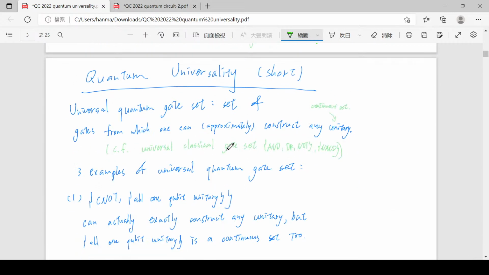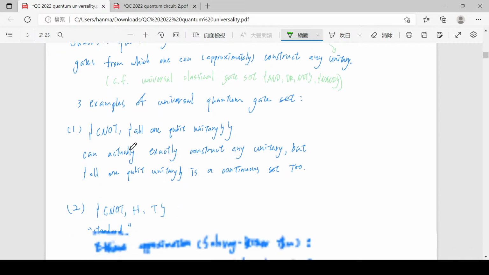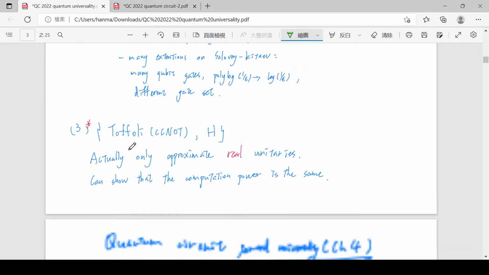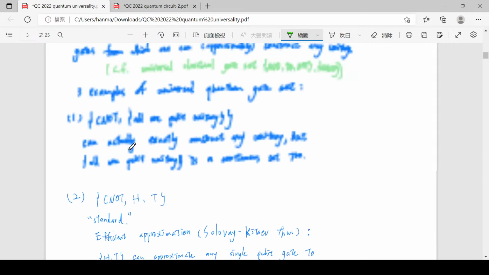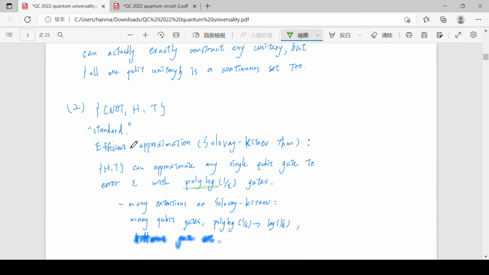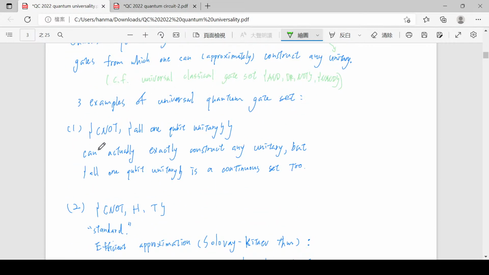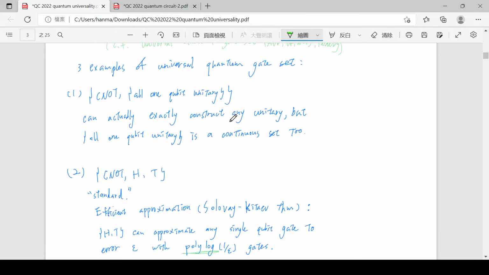Okay, then let's start to talk about quantum universality. We already saw this slide, and a short version is that there are three sets of quantum universality. The first one is CNOT and all one-qubit unitaries.